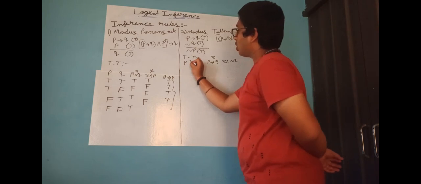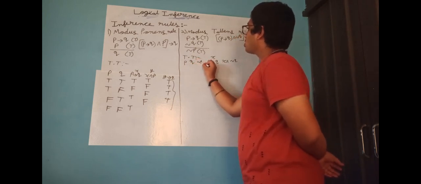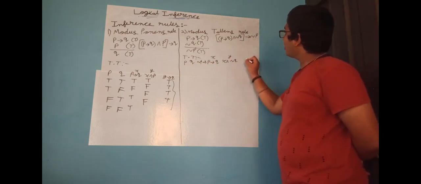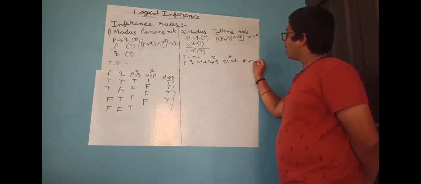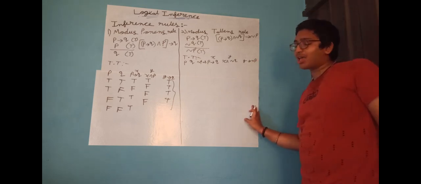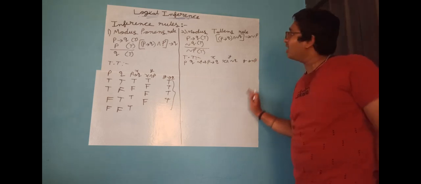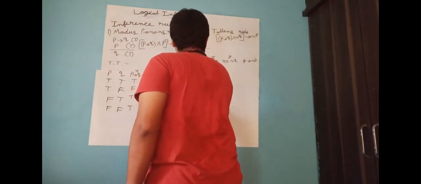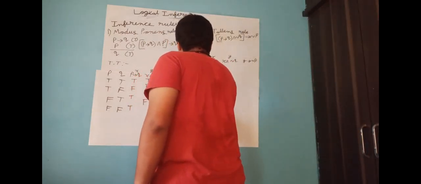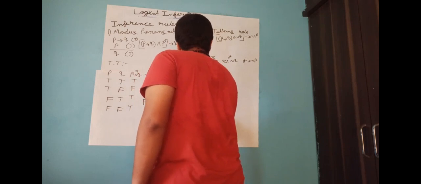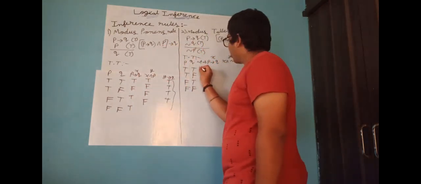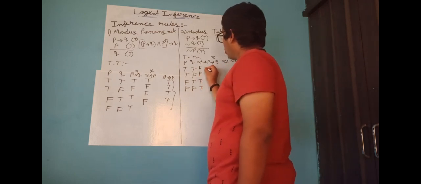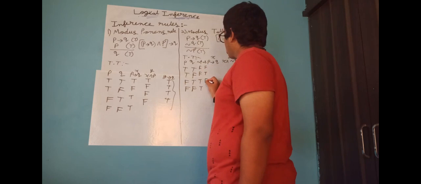P, Q, negation P, negation Q. X and negation Q, let it be Y, Y implication negation P. If these truth values are all true, nothing but a tautology, then modus tollens will be verified. True, true, true, false, false, true, false, false. Negation P first: false, false, true, true. Negation Q: false, true, false, true.